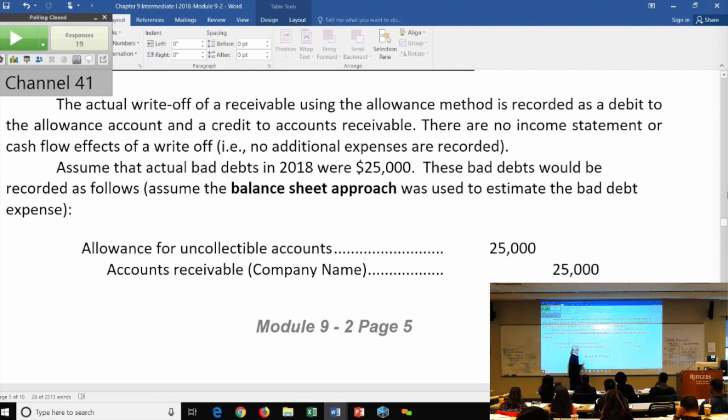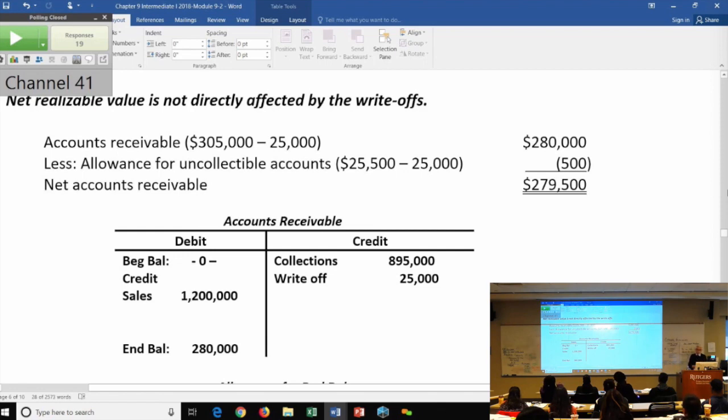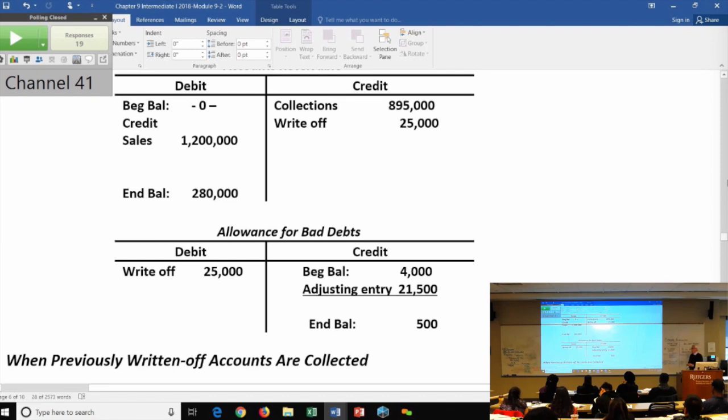And the important point to note, I know you saw this in intro, is that the write-off never affects the net realizable value. So the write-off reduces receivables by 25,000, and it reduces the allowance by 25,000. So the accounts receivable would be down by 25,000. So it's got a balance of 280, and bad debts go down to 5. The net realizable value is 277, and that's what it was prior to the write-off.